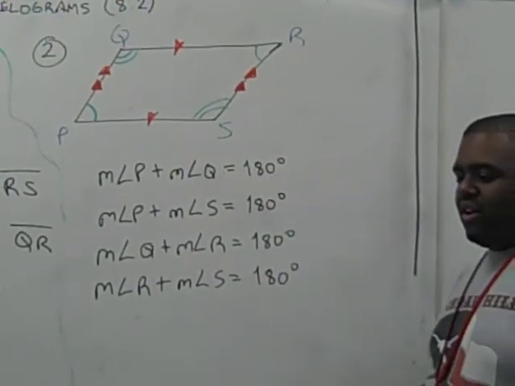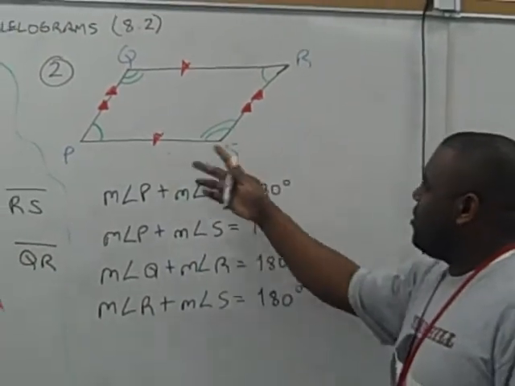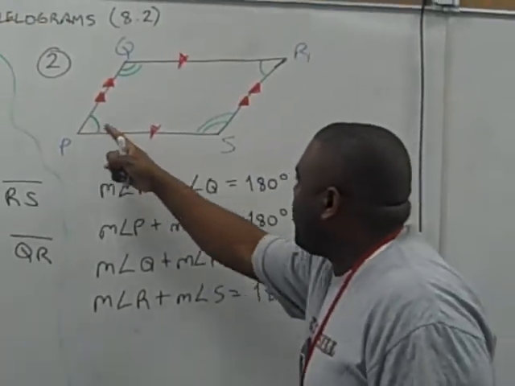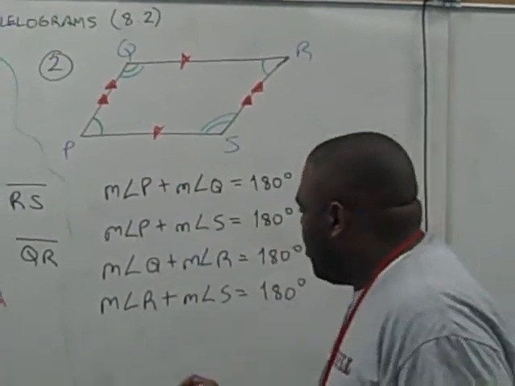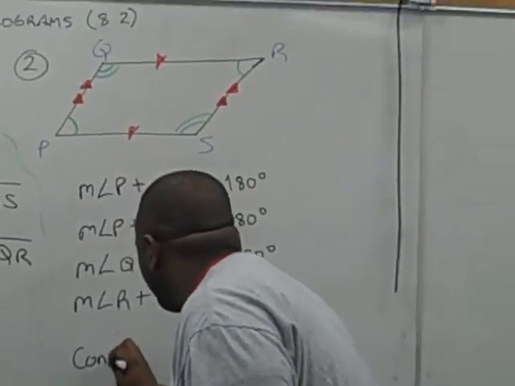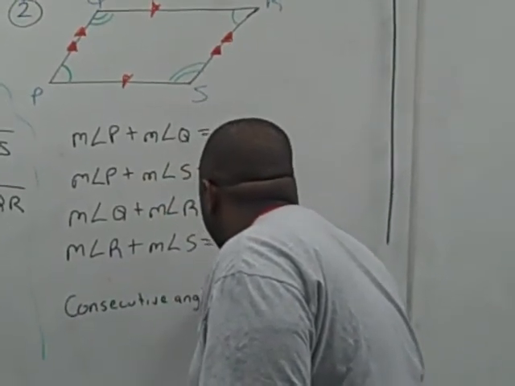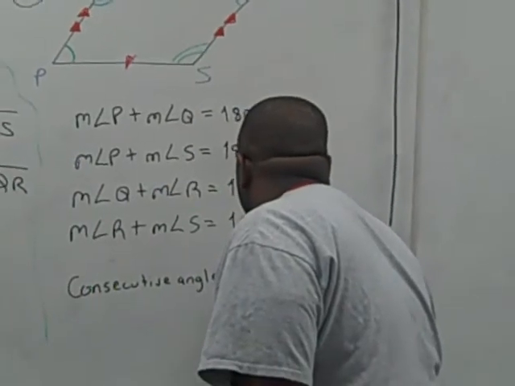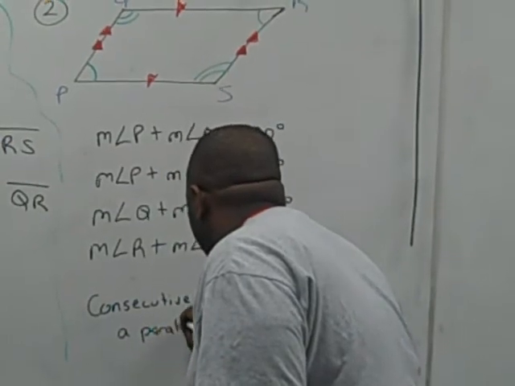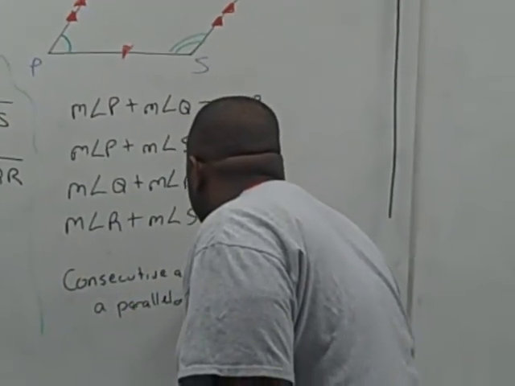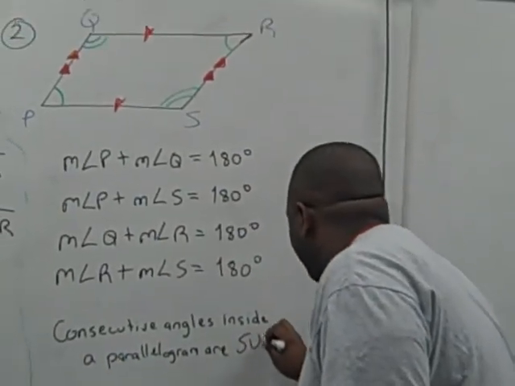So in other words, the angles that are consecutive, which are right here in order, going from here to here, they're right next to each other. They're not adjacent, they're just consecutive. So just remember that consecutive angles inside a parallelogram are supplementary.